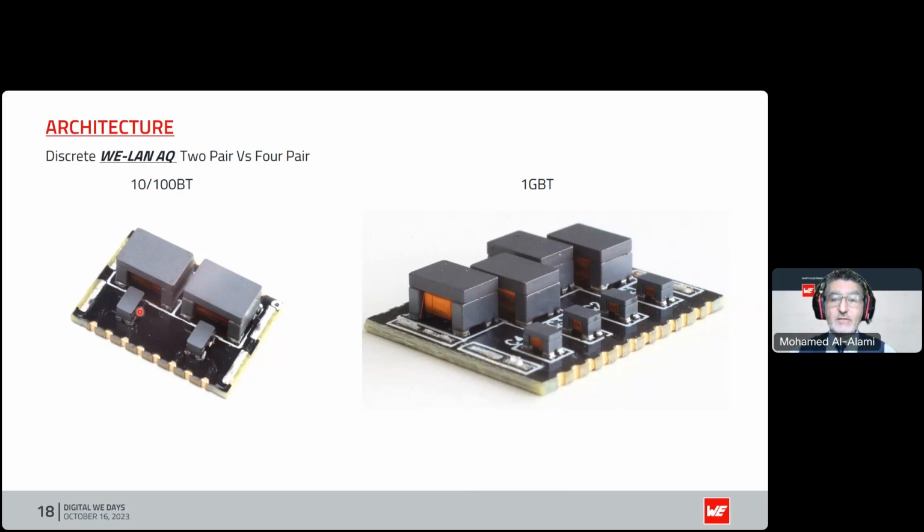But with this, naturally, everything is automated. The build of the transformer is automated, and the pick and place and the actual part itself is fully automated. We also have this available in 1G base T. Both of them are capable of PoE, up to 720 milliamps.